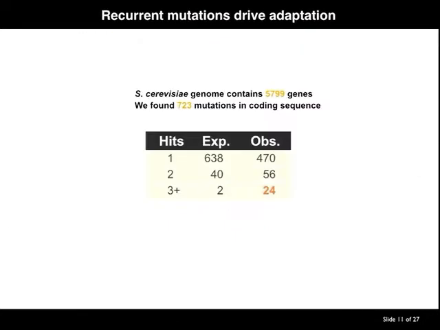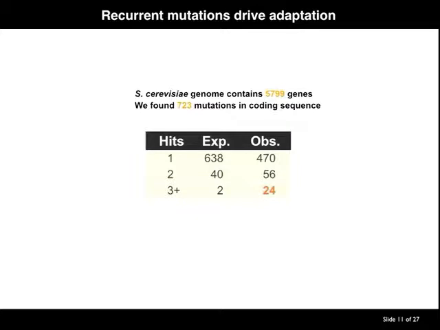In total, we identified over 1,000 mutations. 723 of those mutations actually hit a gene. If you do a randomization of just throwing 723 darts across the yeast genome, which contains about 5,800 genes, you would expect that most of those darts would hit a unique gene, that you would hit 20 or 40 genes twice by chance, and only twice would you hit a gene 3 or more times by chance.